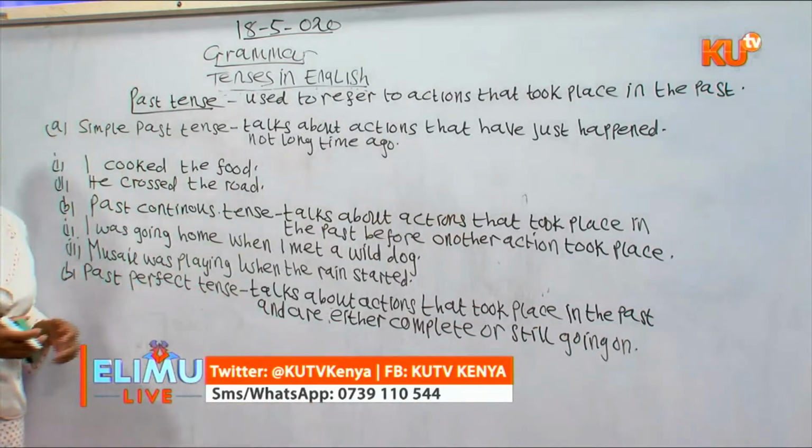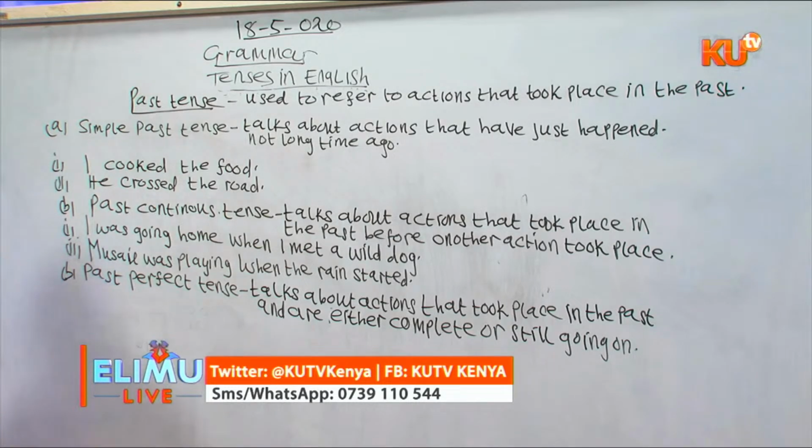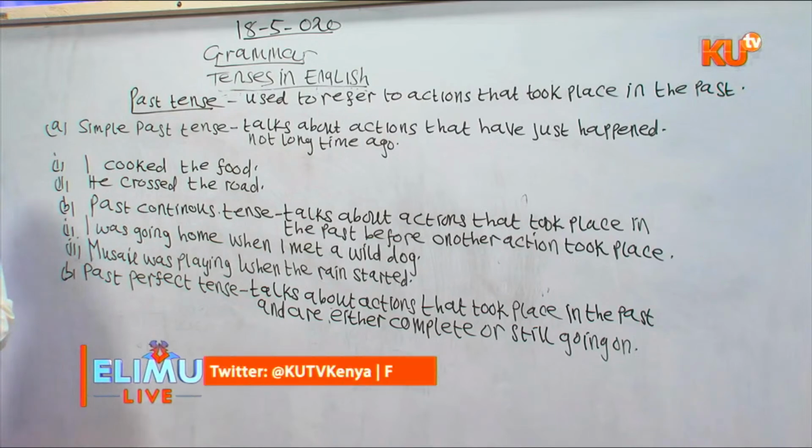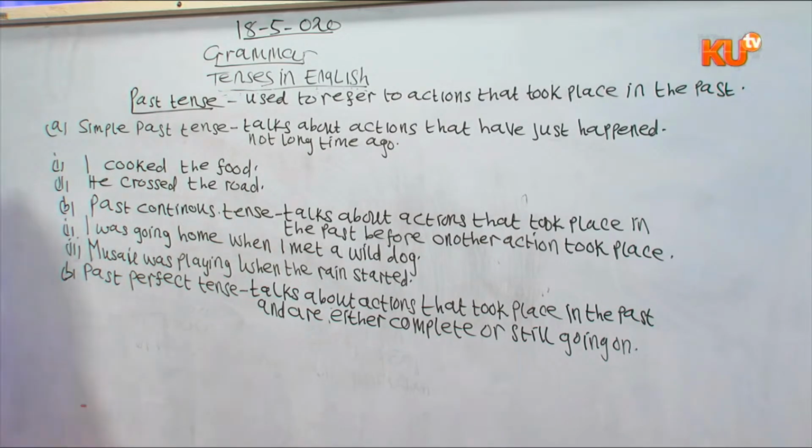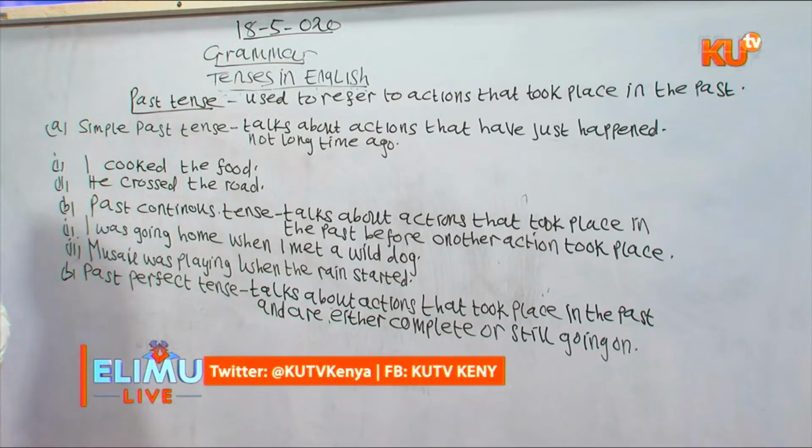So there is the past perfect tense. Now, with this one, we use it when we are talking about those actions. And in this kind of tense, we use had plus been plus ing form of the verb.